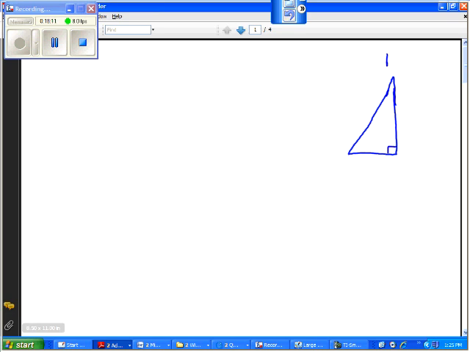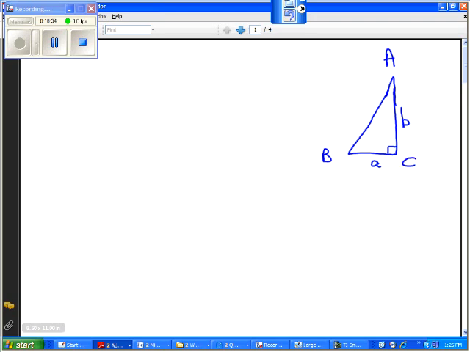Notice that if it calls this angle A, what does it call the side opposite that? Little a. Now that's going to be important when we get to the law of sines and the law of cosines and a lot of other stuff. Little a is always going to be the side opposite angle A. Okay? And then angle B, opposite it is little b.